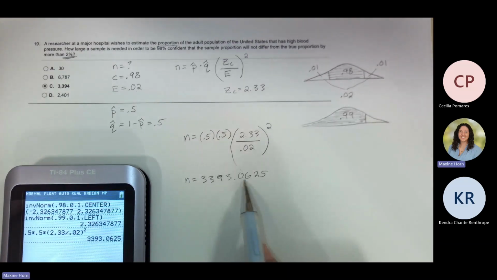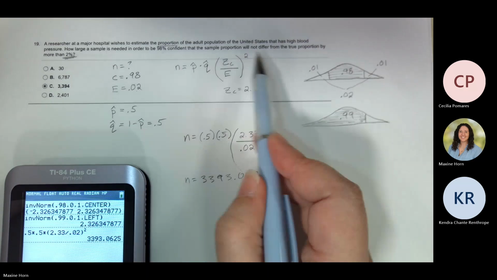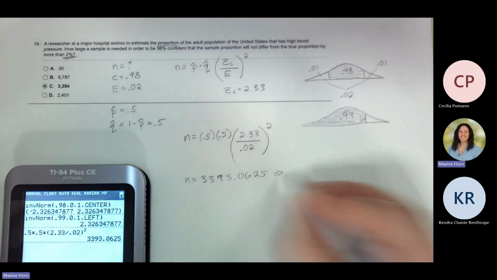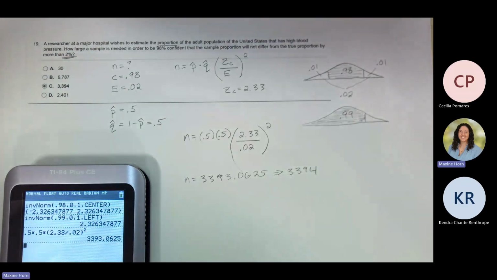I can't have 0.0625 of a person, and I can't have 3393 because that's not enough. Because remember, this is the bare minimum that we need in order to be 98% confident that they don't differ by more than 2%. So we have to take this number and go up to the next whole number.